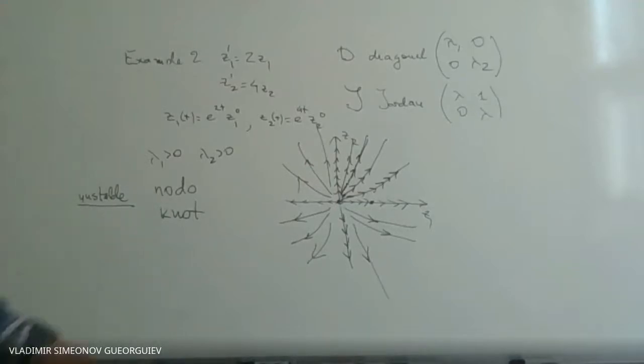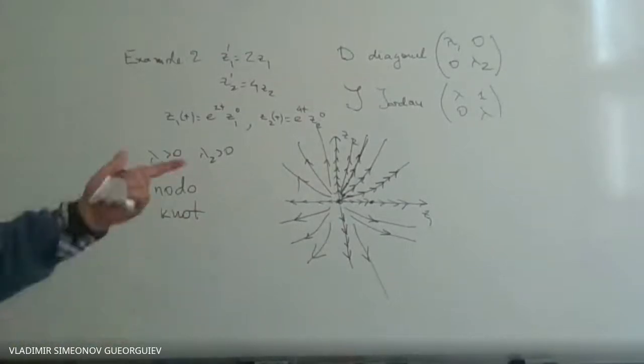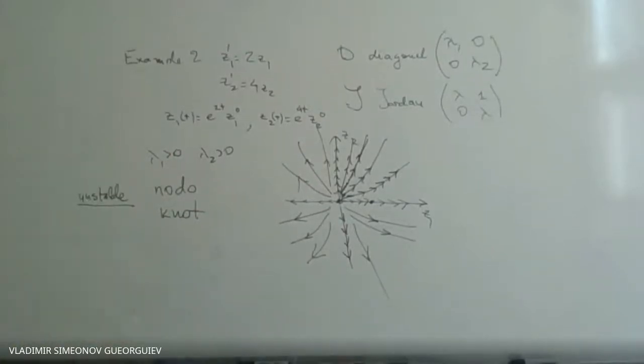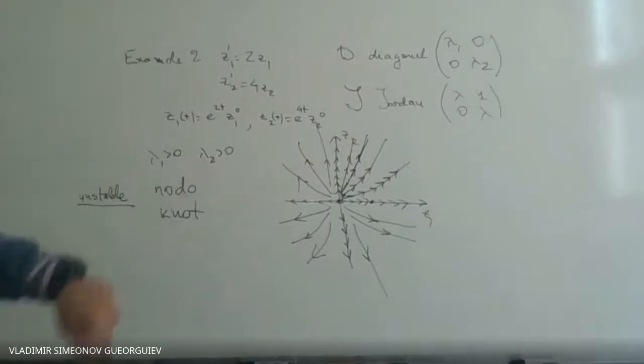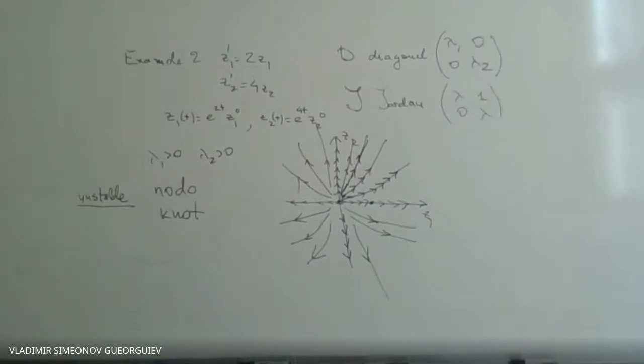The instability property is practically seen by the arrows, "si vedono delle frecce". Therefore, we have the case of an unstable knot when lambda 1 and lambda 2 are positive.